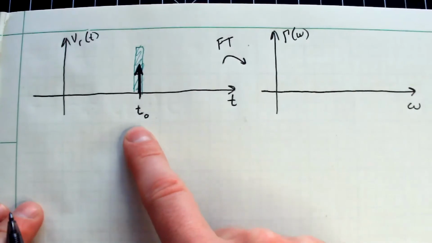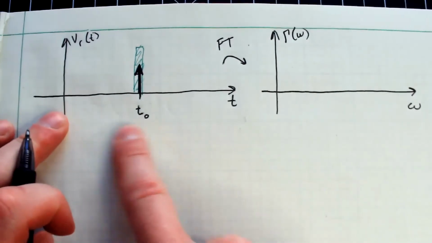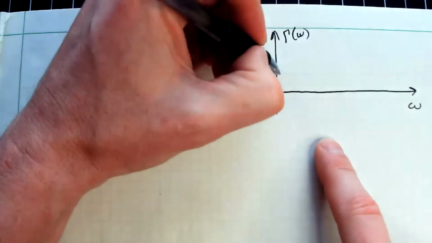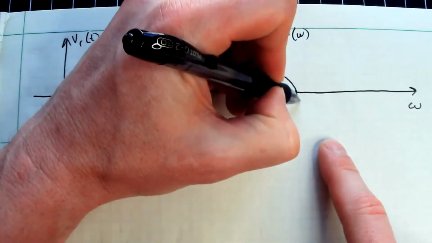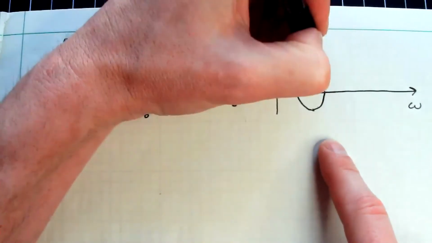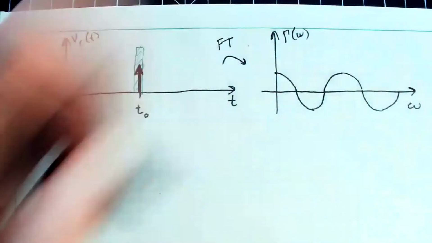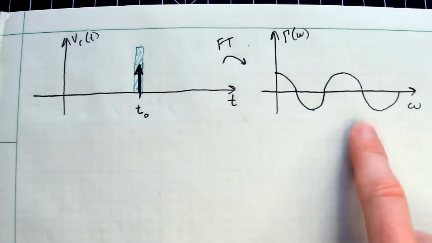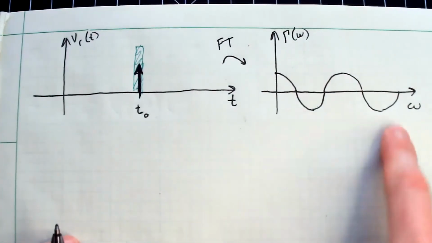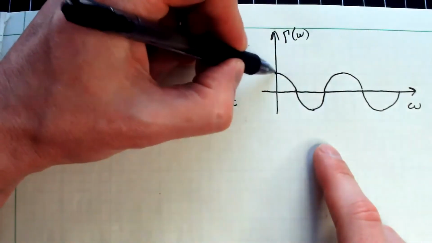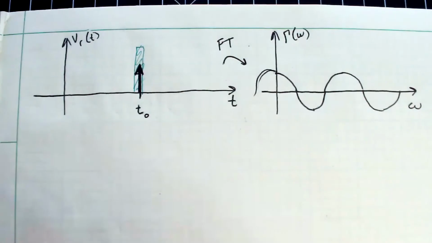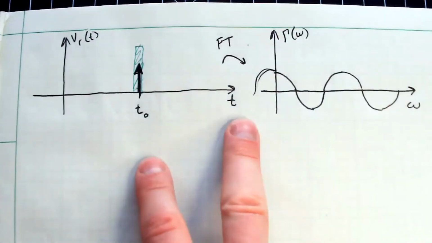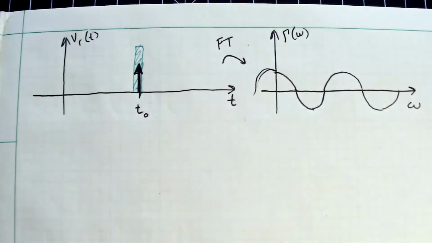So if you look up the Fourier transform of a time-shifted pulse, you basically see something like this, where you get this cosine term, right? You can consult a Fourier transform table, but if I remember correctly, you get a cosine that just goes on forever. And technically there's a negative frequency that you'll want to associate with this as well, which would just be mirrored because of a real valued signal.